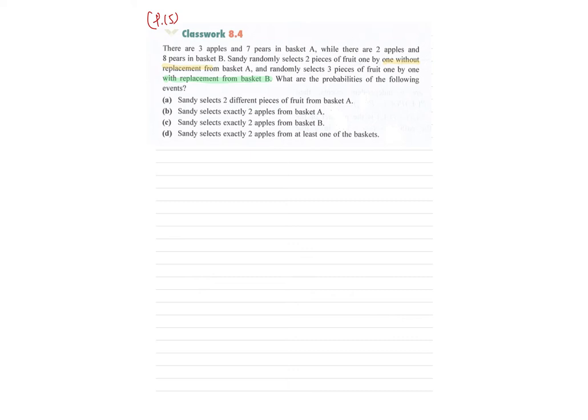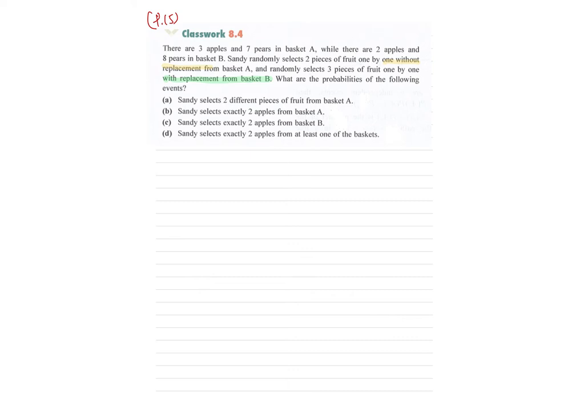So for A, without replacement, the second one and the first one are dependent events. But for basket B, because you put the apples or pears back into the basket, the first one and the second one are independent events. So we need to know about dependent events and independent events.